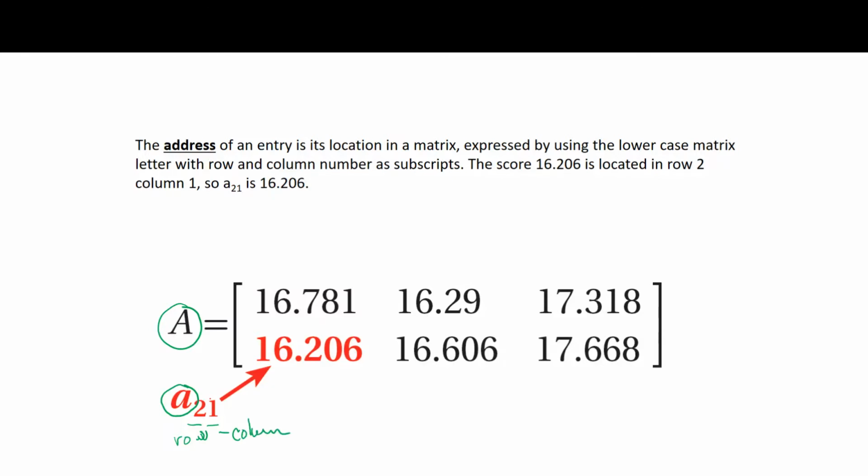In this case, it says look in row 2 and column 1. So row 2, column 1, and we see that 16.206 is right there at the intersection of row 2, column 1, and that is the address of 16.206: a21.